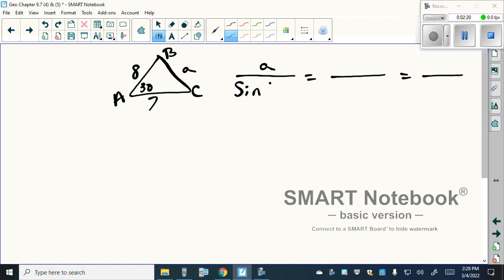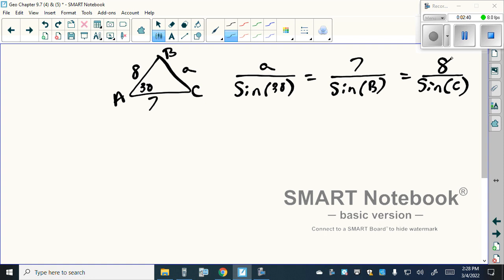But it's going to be over sine of 30 degrees, because we do have the angle opposite a for this setup. We know that b is 7, but I don't have angle B, and we don't have angle C, but we do have side length c.